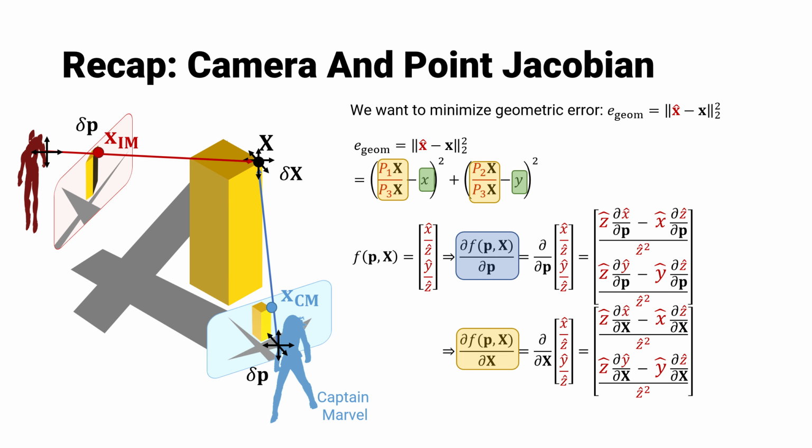So given the reprojection error is given as a function of camera pose P and the world point capital X, we basically obtain, by applying the chain rule twice, the partial with respect to the camera pose and the partial with respect to the world point. And this is what it looks like.